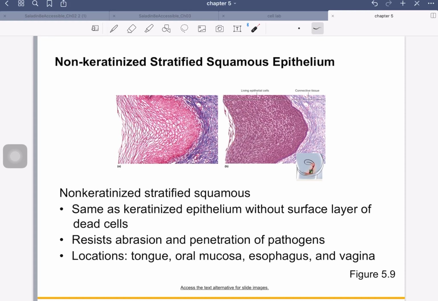In this case, this is not the outside surface of your skin, but this does give some abrasion and penetration of pathogen protection, so it acts as a barrier. The tongue, the oral mucosa, the esophagus, and the vagina are parts of the body that potentially face the outside world, so it's good to have this barrier.